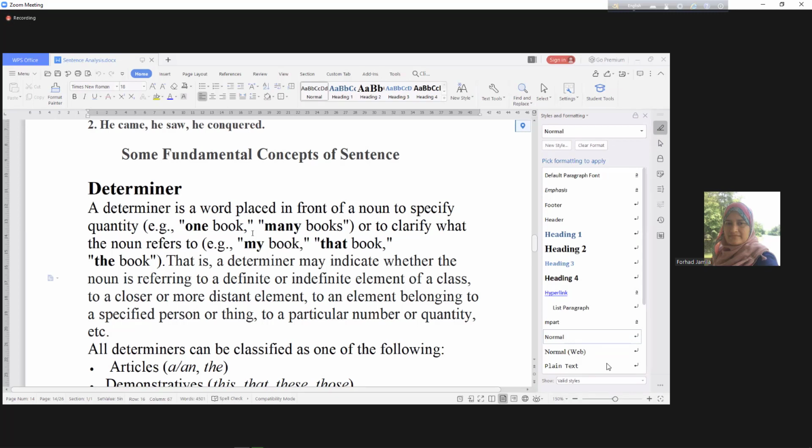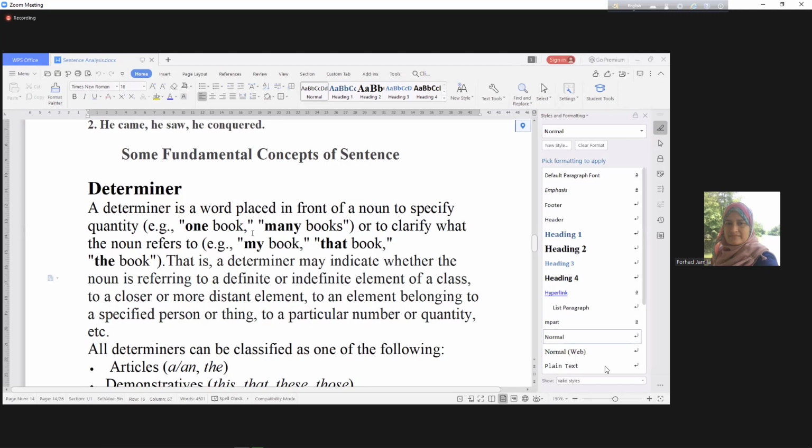So the articles are also known as determiners. Actually, in the phrase structure tree diagram, when we find an article, we will label that article as determiner.